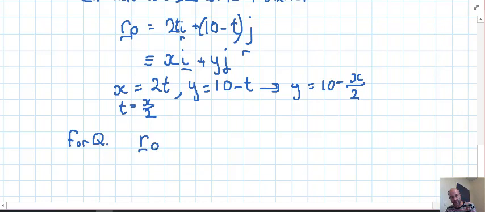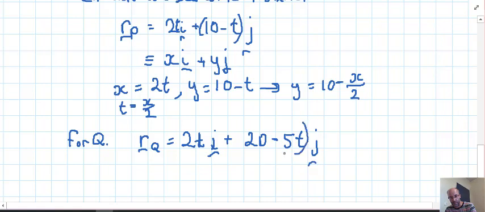So we've got our position vector for Q is 2t i plus 20 minus 5t j, equivalent to x i plus y j.